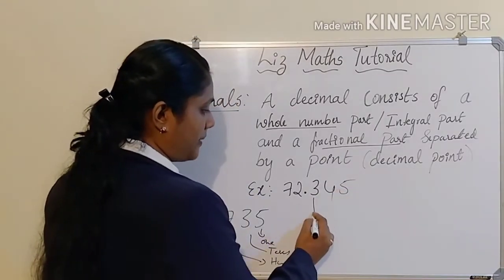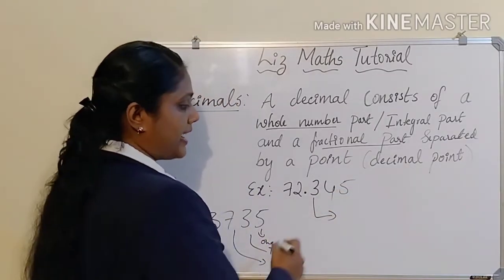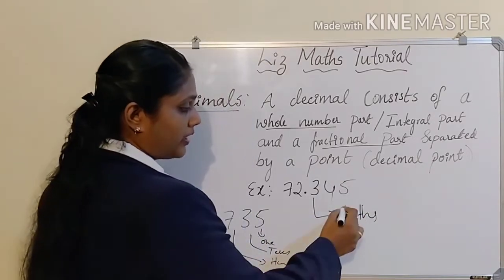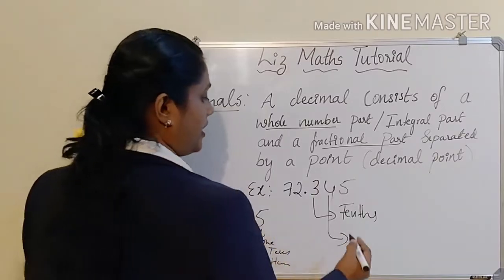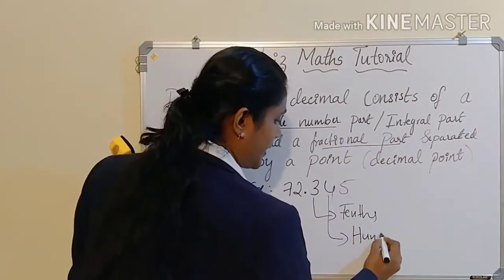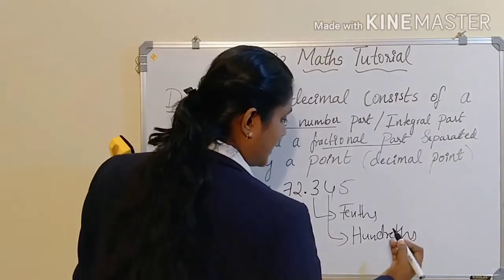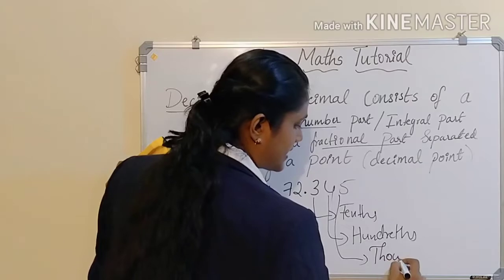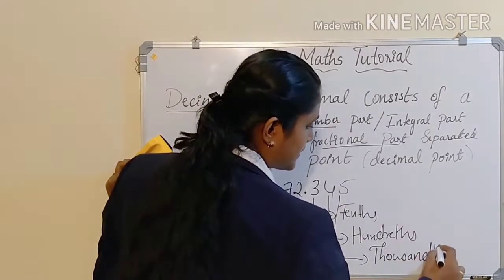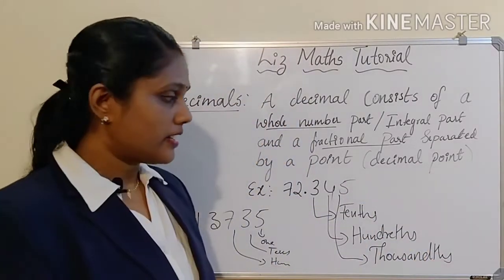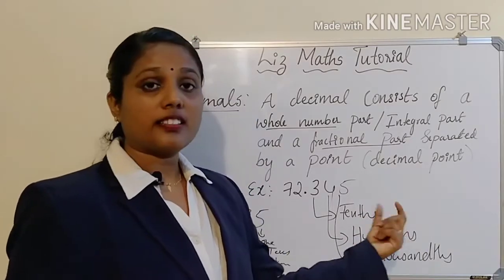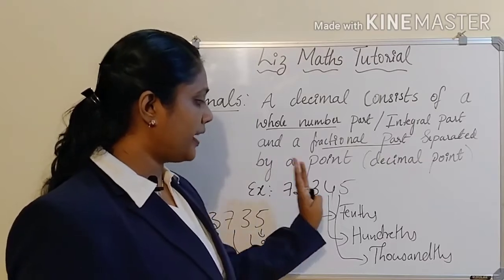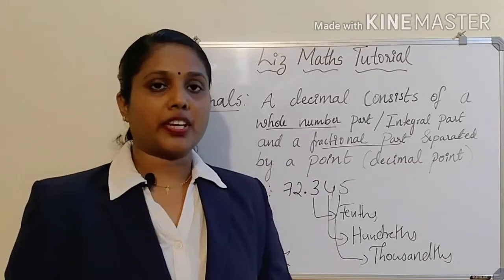The first digit after the point represents tenths, the second hundredths, and the third thousandths.